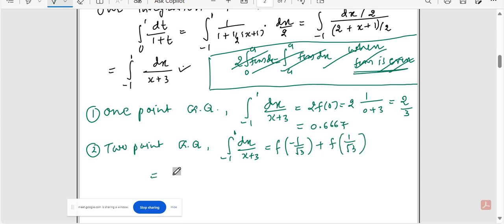So that will be 1 upon -1 by root 3 plus 3, plus 1 upon 1 by root 3 plus 3. Now tell me what is the answer of this one?